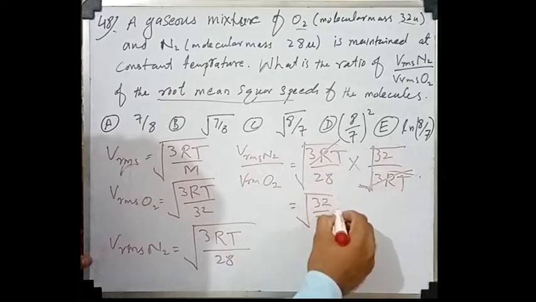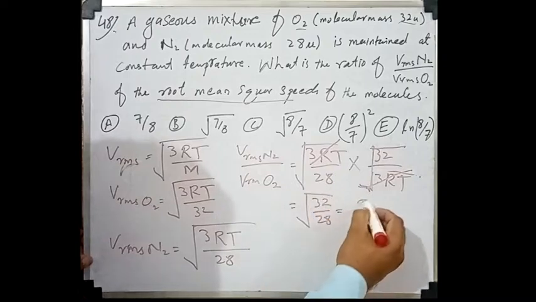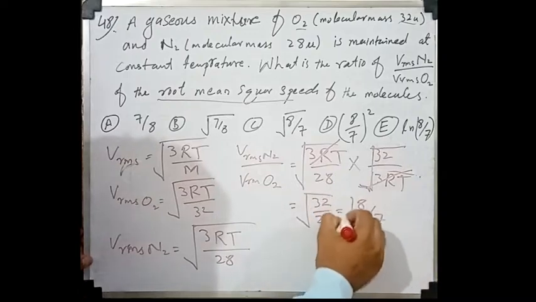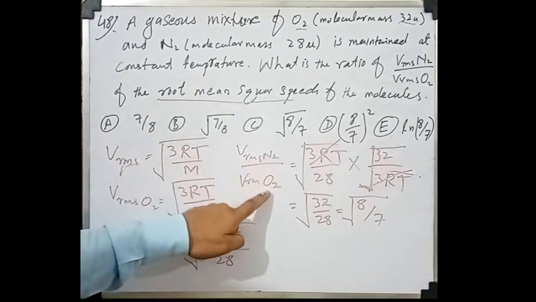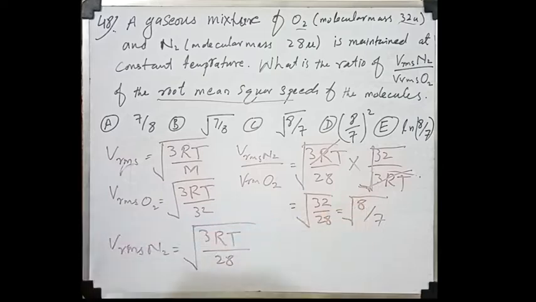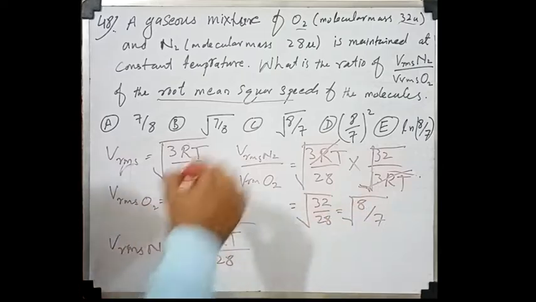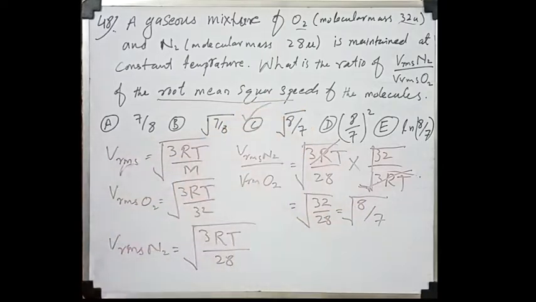If we divide by 4, this becomes square root of 8 over 7. So the ratio of Vrms of N2 to O2 will be square root of 8 over 7. So option C is our right option.